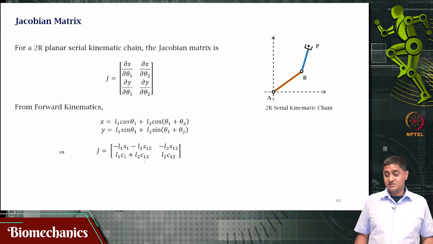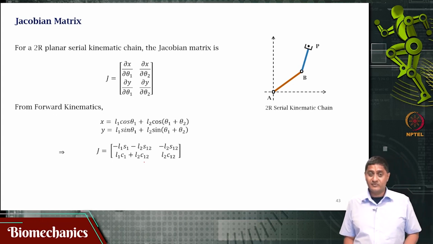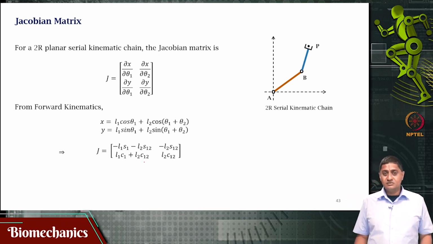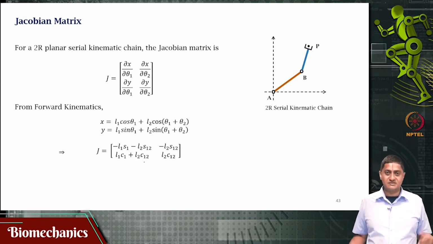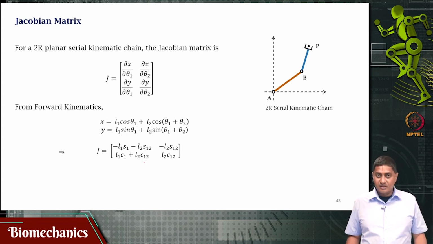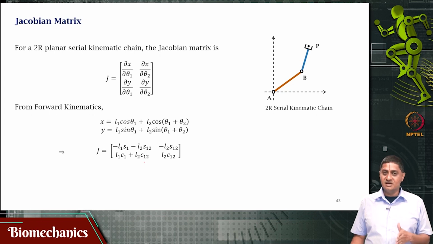If I know x dot and y dot, and if I have the Jacobian, I can simply use the inverse Jacobian to find θ1 dot and θ2 dot. Straightforward application of matrix methods. That will work in this case because J is a 2 by 2 square matrix.